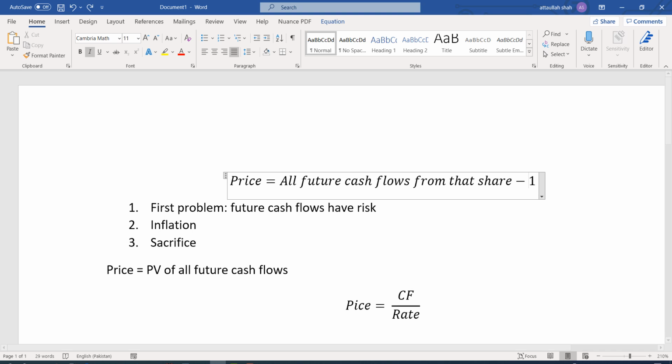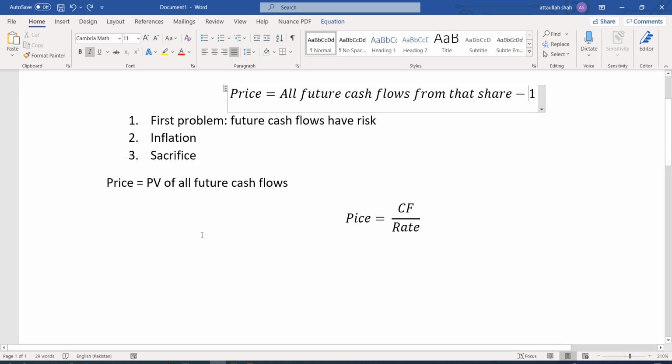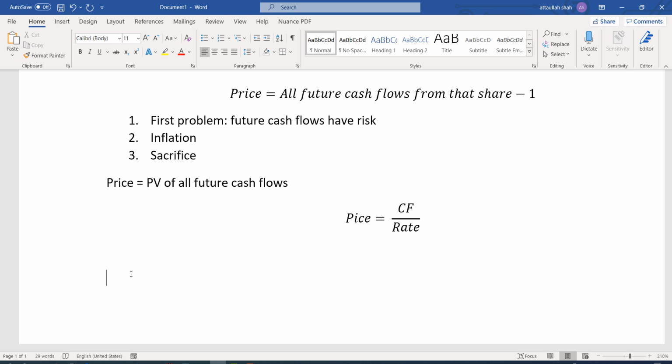So now the third question is, we have to further modify this equation. The third question is, how do we get the future cash flows? What are the methods or assumptions about future cash flows? And the answer is not simple, because future is uncertain.